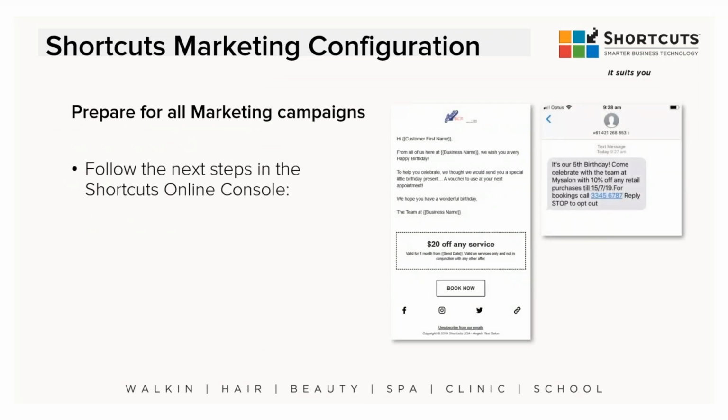So once you have your customers opt in, their privacy enabled, and once you have a few coupons set up, then you can actually start to create your campaigns. So to get your emails ready, if you haven't set these up before, there's a few things you want to make sure are enabled online.